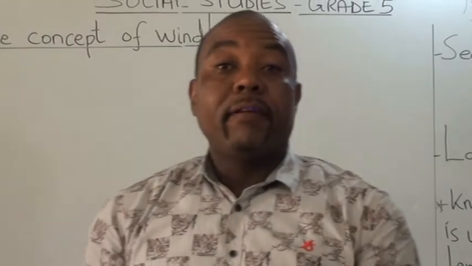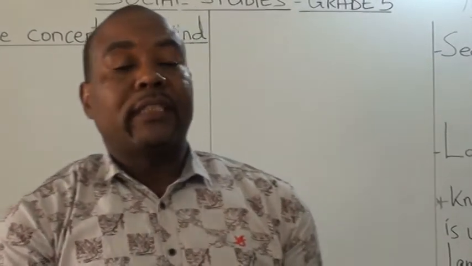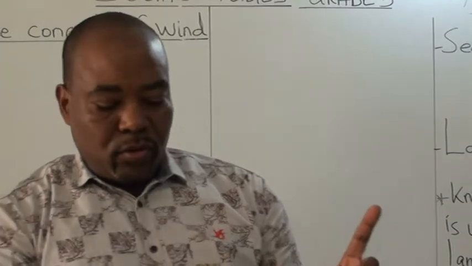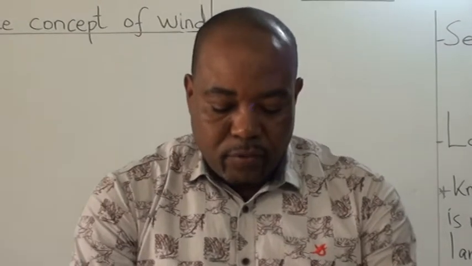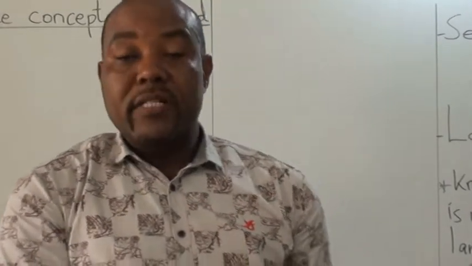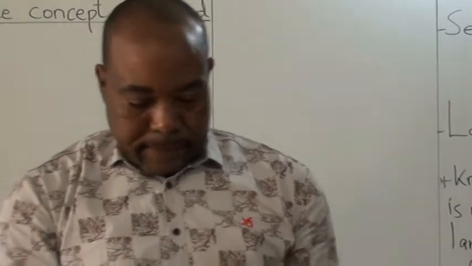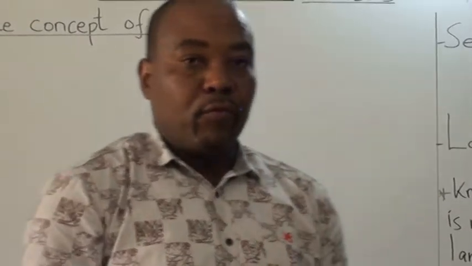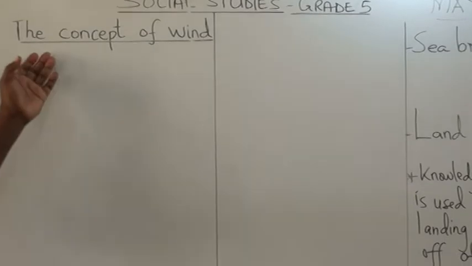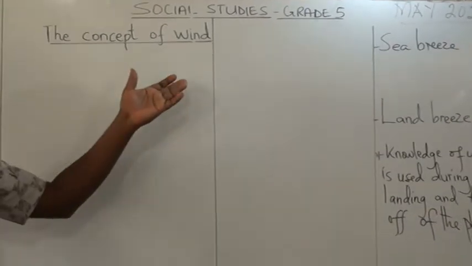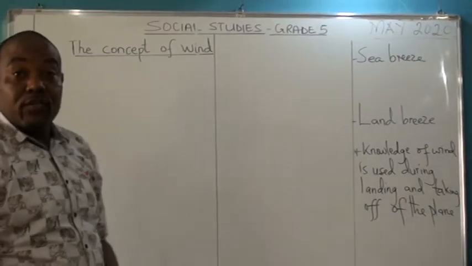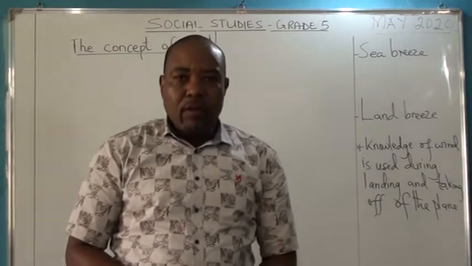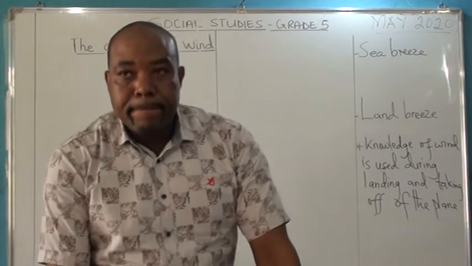In grade 5, we are going to learn about weather also, but we're going to clarify the concept of wind. For today, we're going to deal with the concept of wind as one of the elements of weather. What is wind?